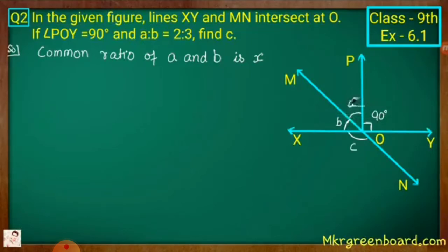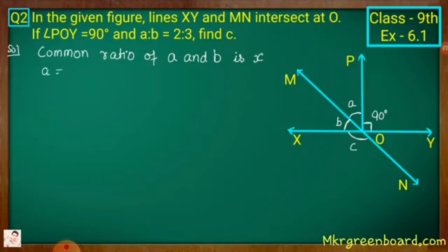We will get the answer. Otherwise we'll make mistakes. So the common ratio a and b, 2:3, is given. The other ratio we don't know, so take x. And angle POY equals 90 degrees is given.